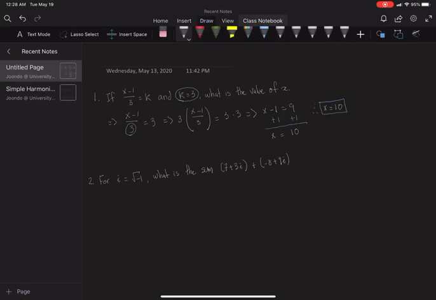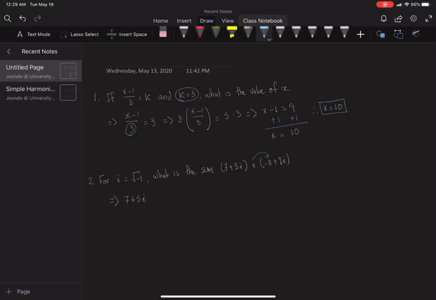So i is an imaginary number. I'm sure you've heard about this in your algebra class somewhere. Doing this problem is pretty straightforward. So this is 7 plus 3i, plus and minus, so we distribute.